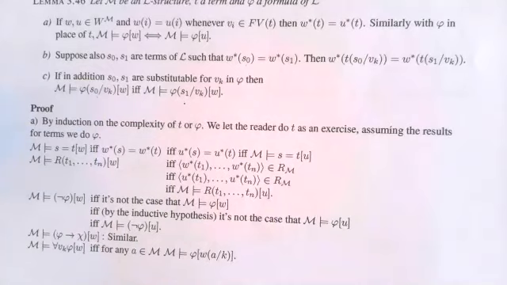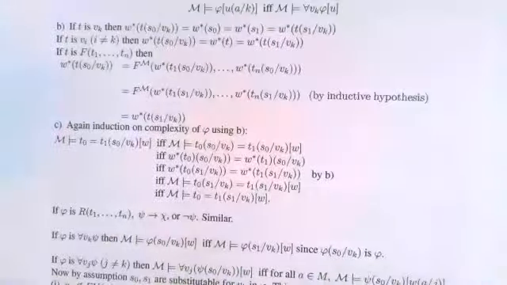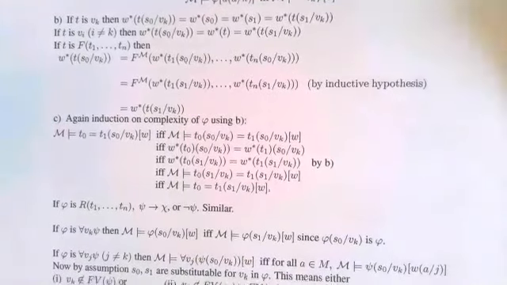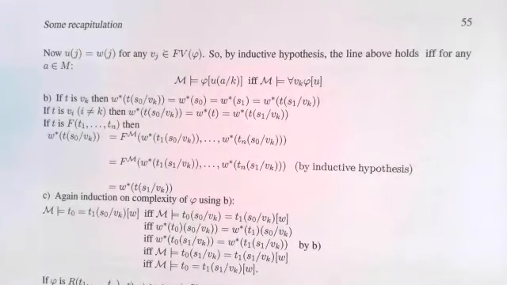Okay, so we can give that a fairly lengthy proof, which I don't propose to go through, but is there on the next page for each of these clauses, if you're interested in reading those through.